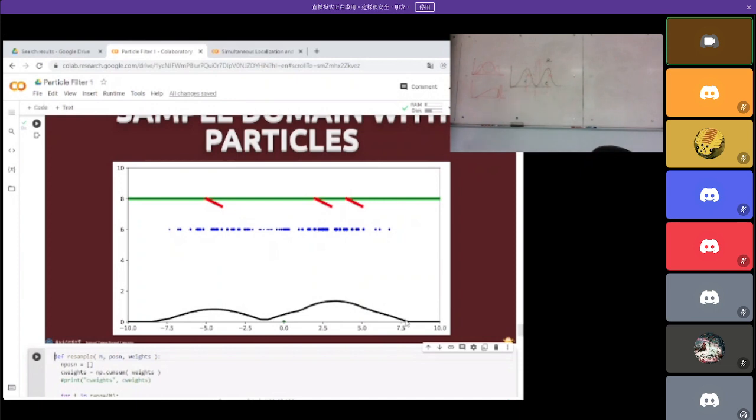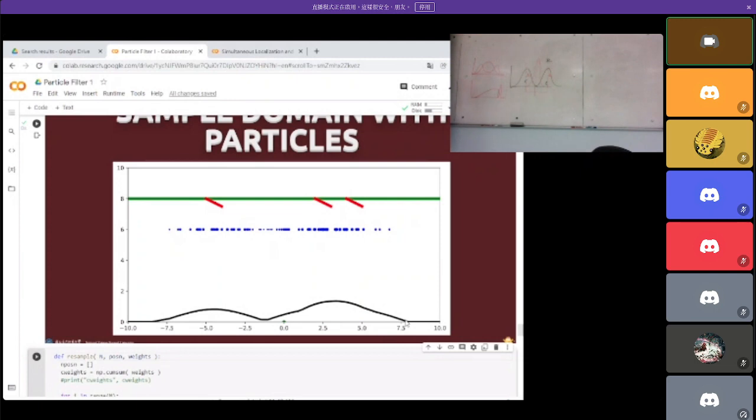And that's it. Then I can add the weight. So you can see the different weights here. The particles that are in front of the door get an increased weight. The ones that are further away from the door get their weight reduced. So then what do we want to do?